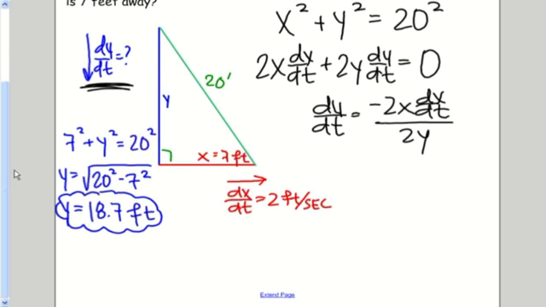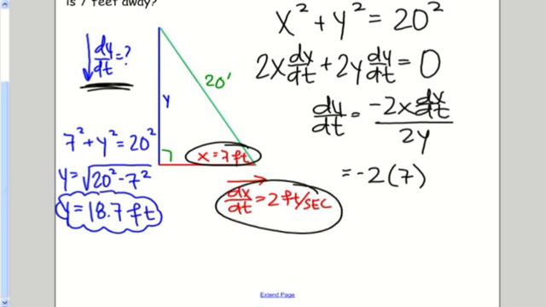And then if I plug in the values that I know, I've got negative 2 times my x value here, I've got dx/dt here, and then 2 times my y value here.